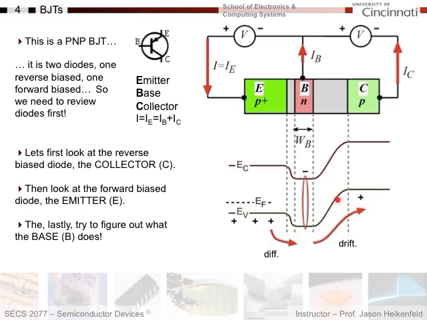Then we'll next look at the emitter, which is a forward bias diode where I have a high concentration of holes. I reduce this barrier here, and then they can diffuse over into the base. And then lastly, we'll try to figure out, what does the base do? Why do I need a base in here between the emitter and the collector? Let's do this in terms of diodes, and everything will start to make sense.